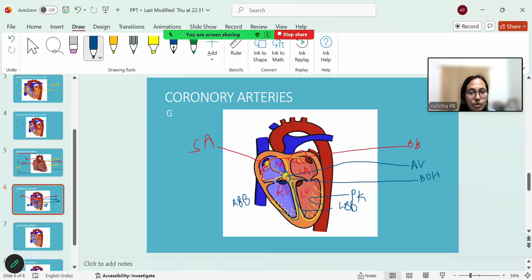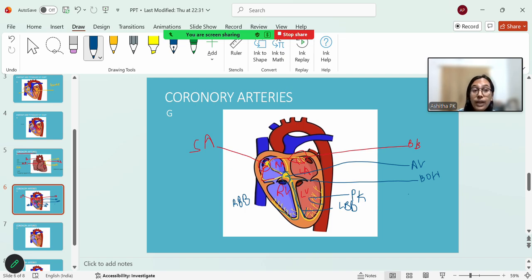From there, the impulse travels through the bundle of His, then branches into the right bundle branch and left bundle branch, and travels to the Purkinje fibers, which carry the impulse to the whole ventricle.